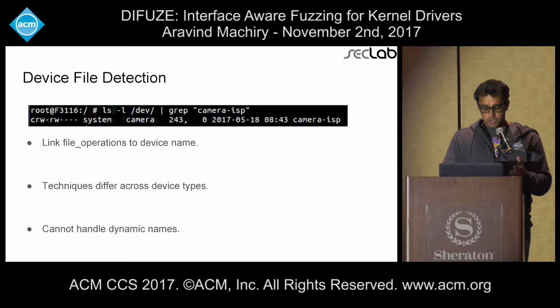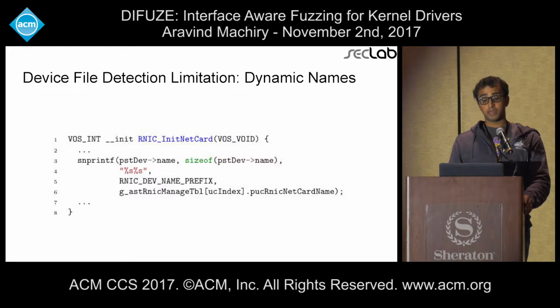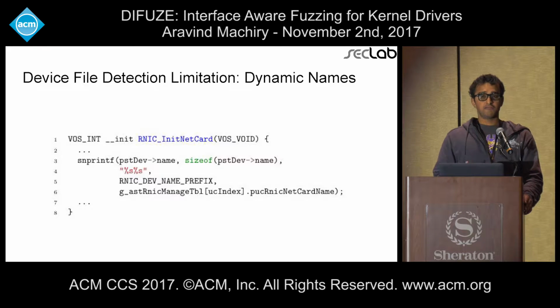However, this technique will not work for dynamically generated names. For example, this one here, the device name is dynamically generated, and it's impossible to compute the device name statically. So device file name detection fails in these cases.